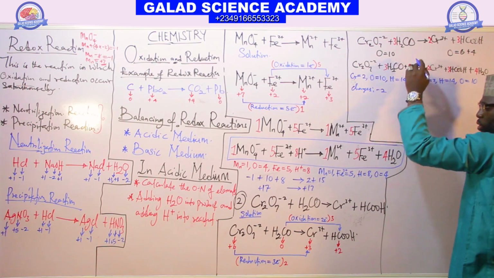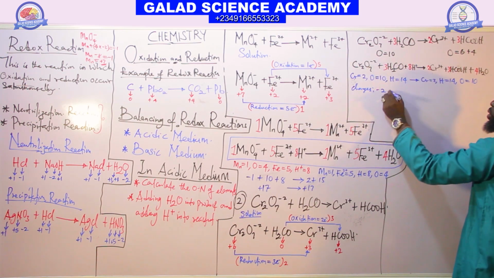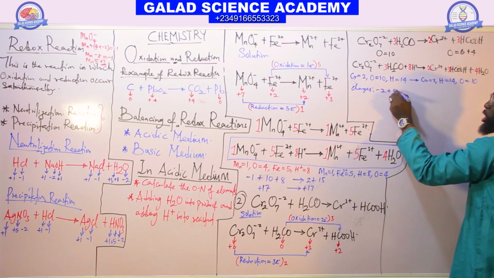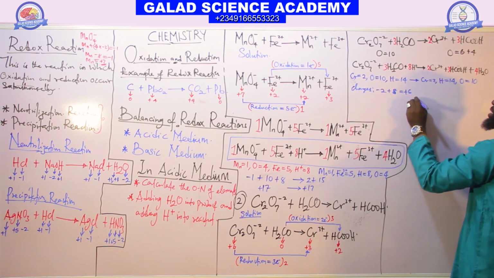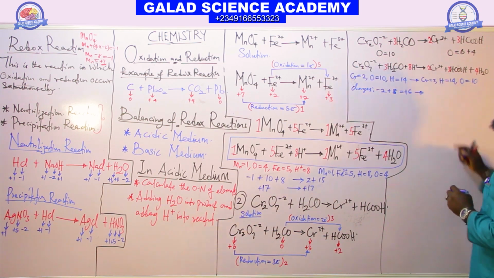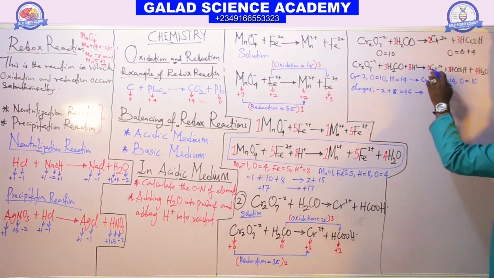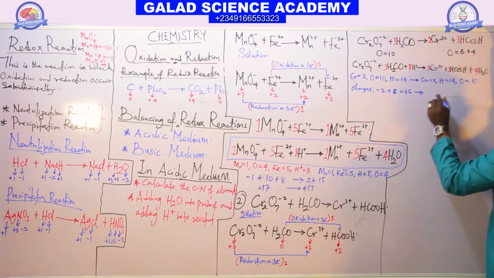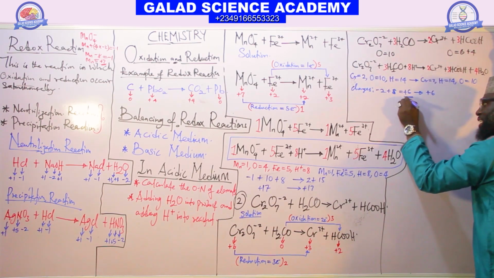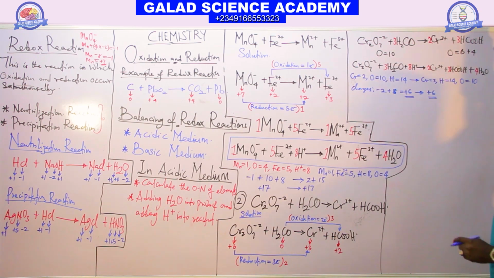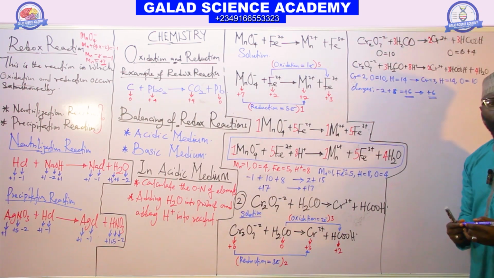Minus 2 and plus 8. So minus 2 plus 8 at the reactant side gives us plus 6. Let's check for the product here. We have 3 times 2, we also have plus 6. So the charge of the reactant side is equal to the charge of the product side. Good. That's for the acidic medium.